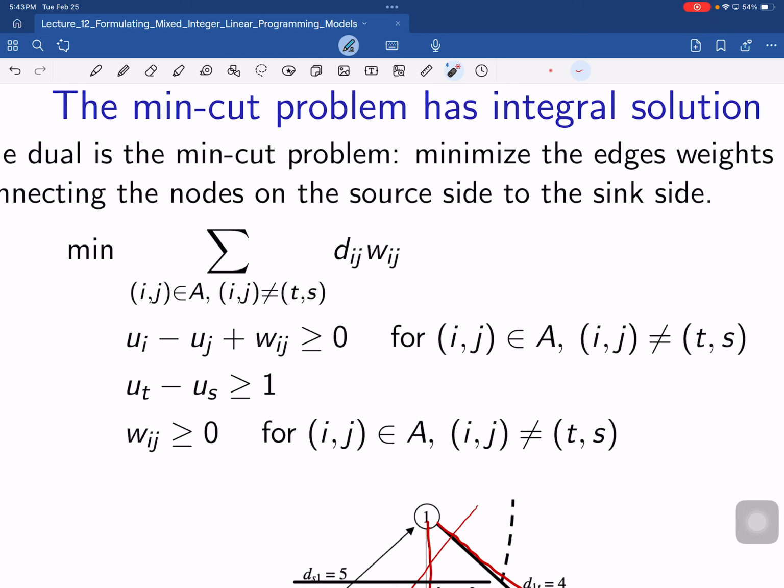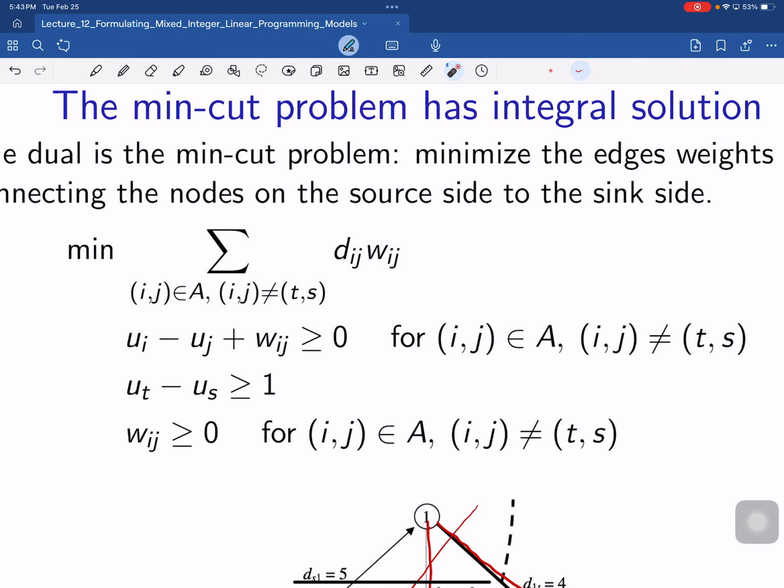But the nice property of this problem is that the constraint matrix is totally unimodular. You could show that using the sufficient condition I gave you. I won't show that here, but intuitively, all the coefficients are 1 or minus 1 in those constraints, and they satisfy the sufficient condition.